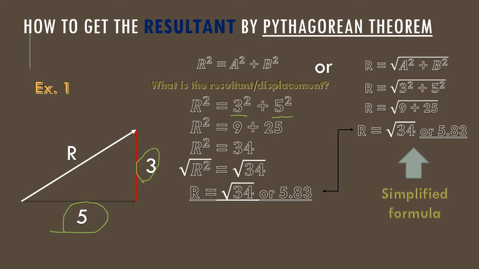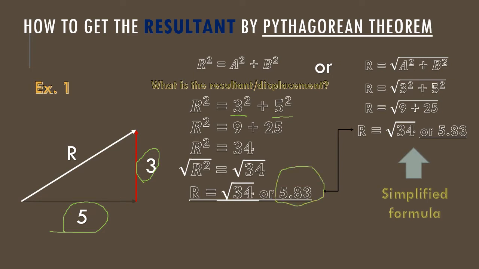So, 3 squared is equal to 9, 5 squared is equal to 25, so 9 plus 25 is 34. So, para makuha natin yung r, gagawin natin is square root of 34. So, r is equal to square root of 34 or 5.83.